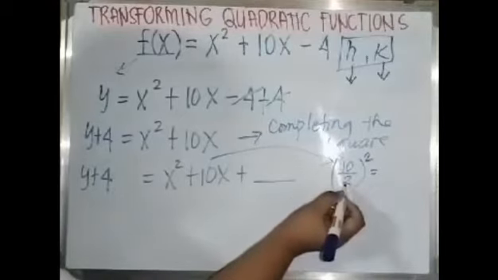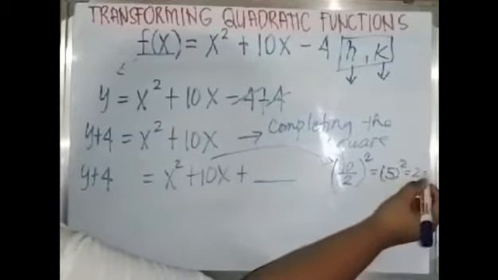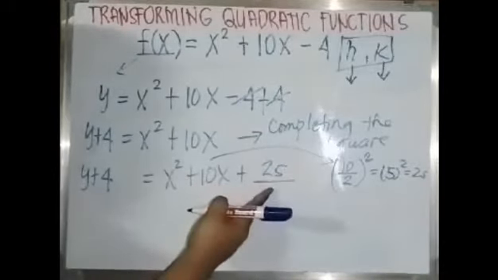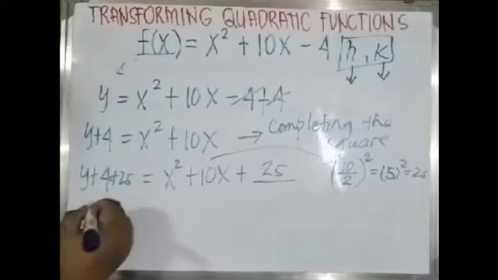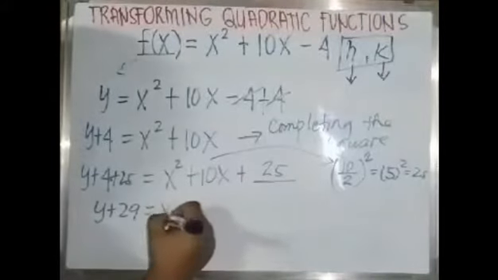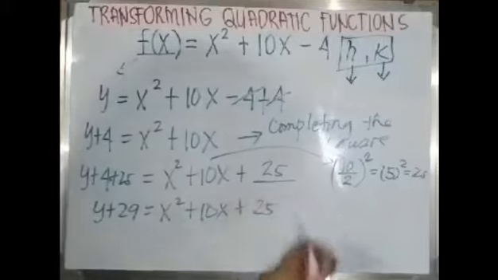So, 10 over 2, that is 5, square it, that is 25. So, we will be adding 25 there. Since we added 25 here, we need to add also 25 in this part. So, you have now y plus 29 is equal to x squared plus 10x plus 25.